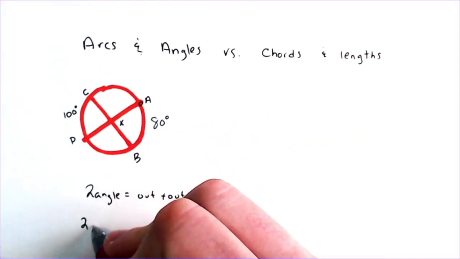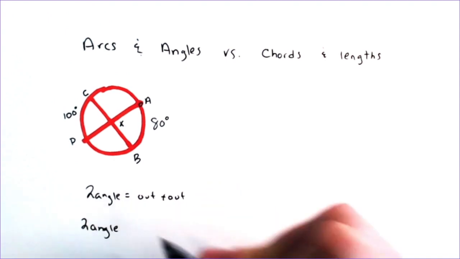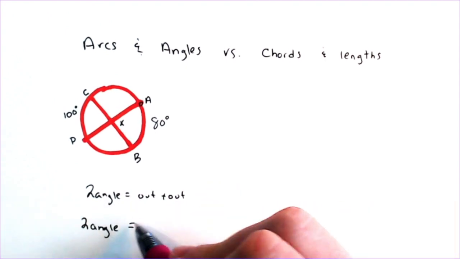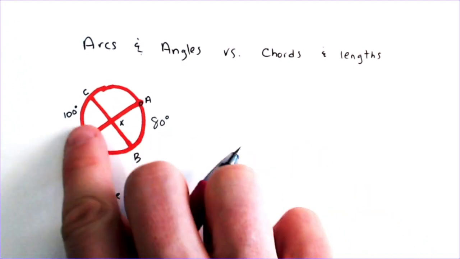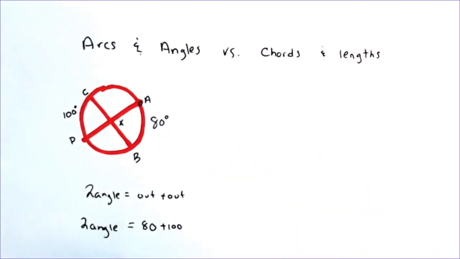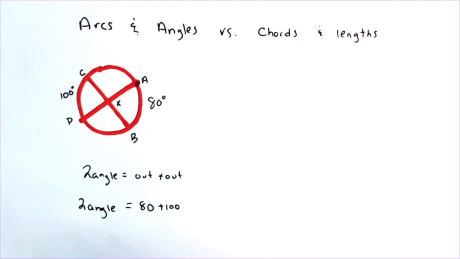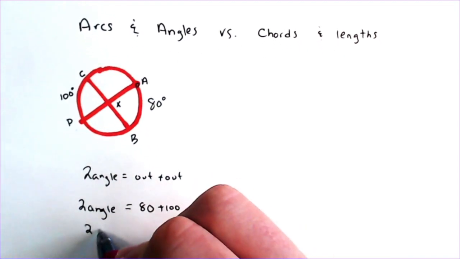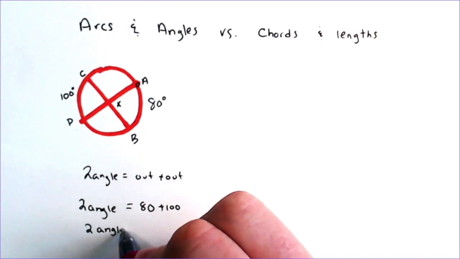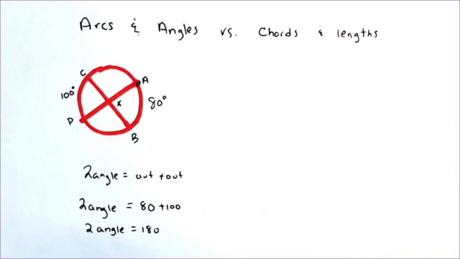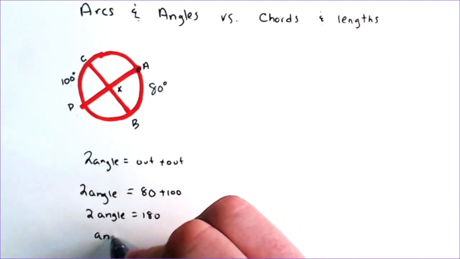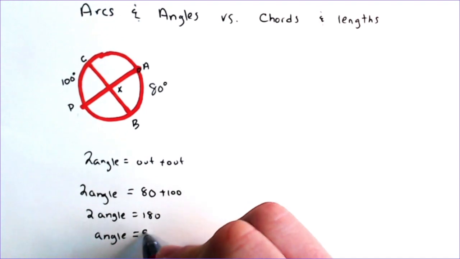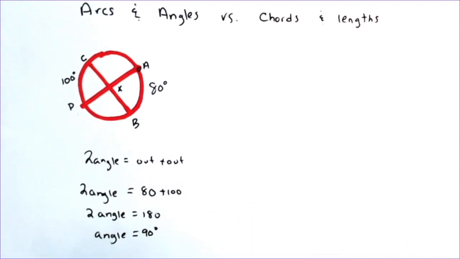So if we did 2 times the angle equals 80 and 100, the two outside parts, then we would end up with 2 times the angle, or x, is equal to 180. And if you just divide by 2, you're going to get your angle. You're going to get that angle in the middle, which is 90 degrees.